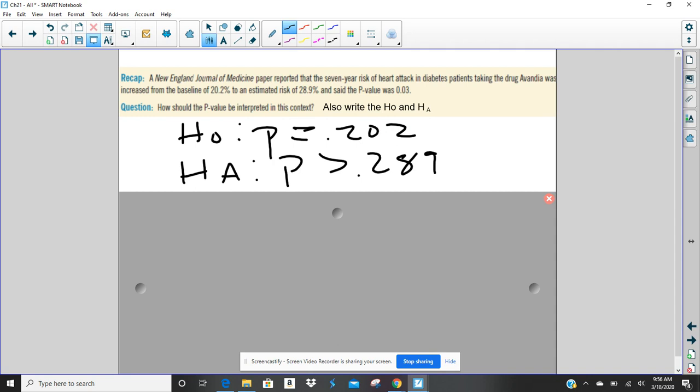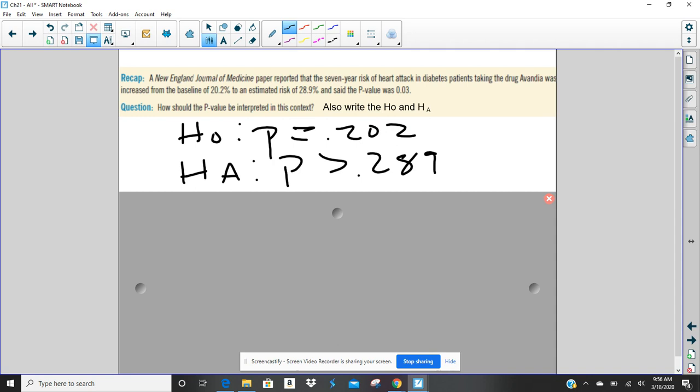Now, how should the p-value be interpreted in this context? What we're thinking about here is the whole idea that the p-value is saying that if the null hypothesis were true, what is the chance of seeing the sample that we did happen?